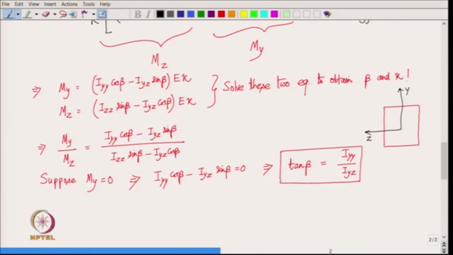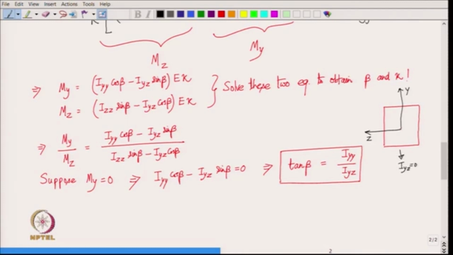You see, in this case, since it is symmetric about y and z axis both, they are also the principal axes, and in the coordinate system of principal axes the mixed moment of area is always 0. So, in this case I yz is 0.